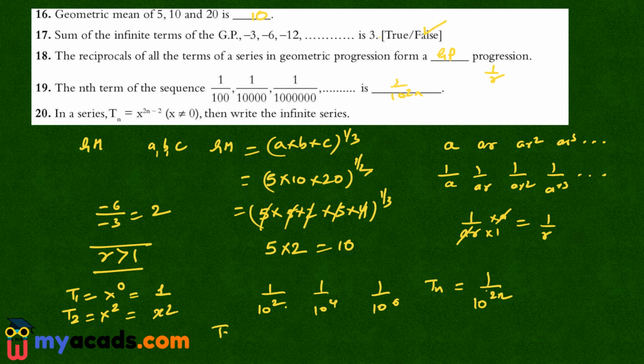Similarly, T3 is x raised to the power 6 minus 2, that is x raised to the power 4. T4 is x raised to the power 8 minus 2, that is x raised to the power 6. So my infinite series is 1 plus x square plus x4 plus x6 and so on till infinity.